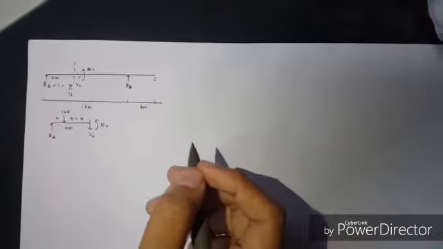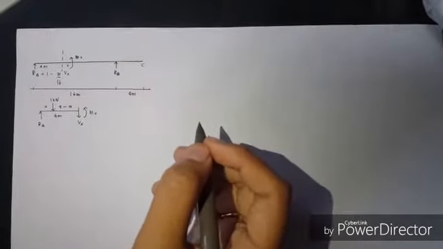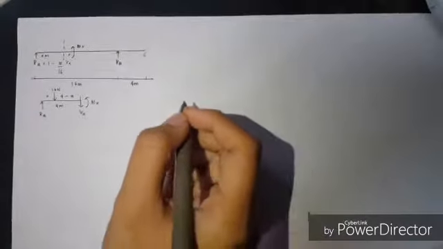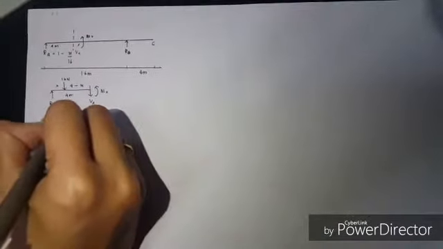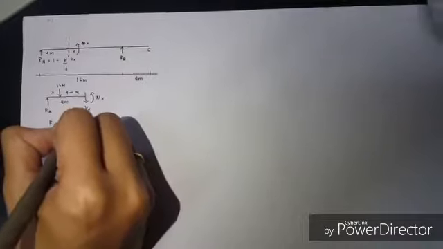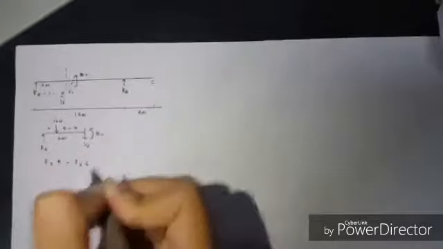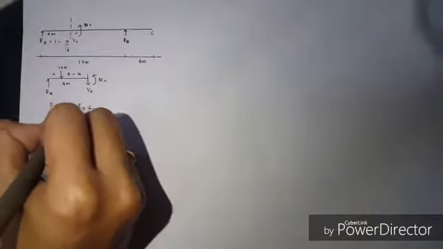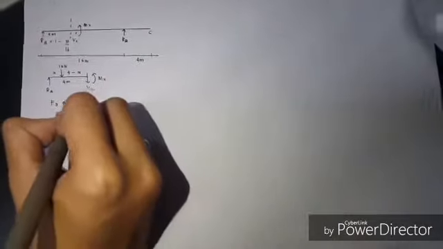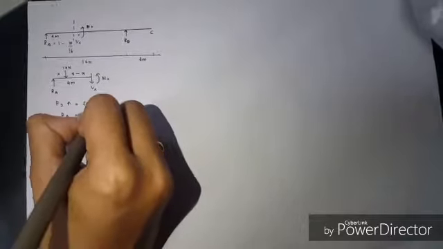To find the value of Vx, Fy upwards equals Fy downwards. RA equals 1 plus Vx.